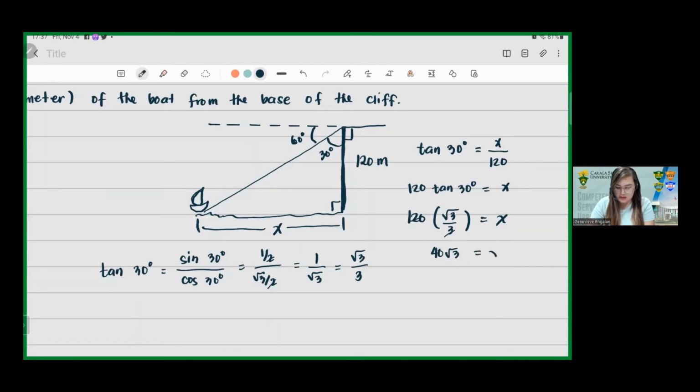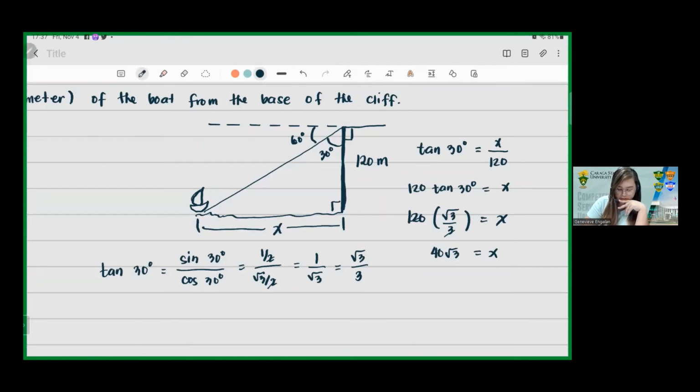So that is our x. Sakto ba ang tangent ni 30 is square root of 3 over 3? Yes, ma'am.